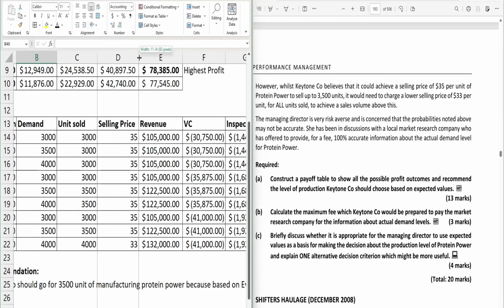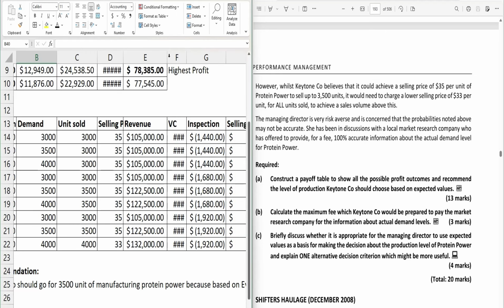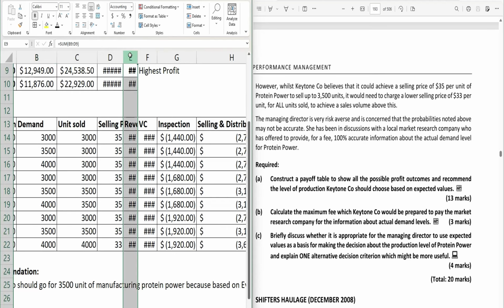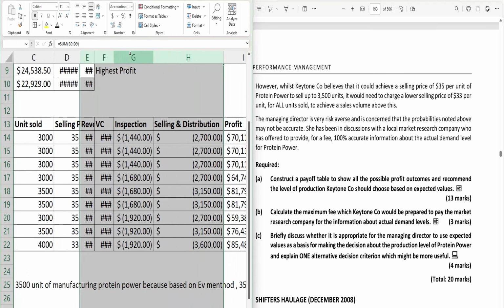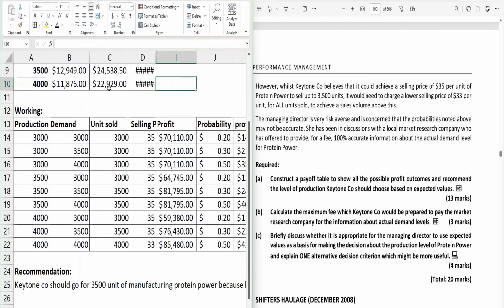Let me make this small so that we can look at the profit part. Yes, now it's visible.